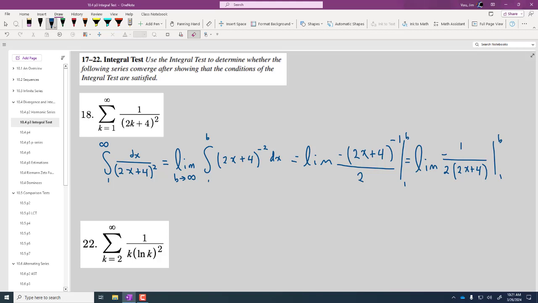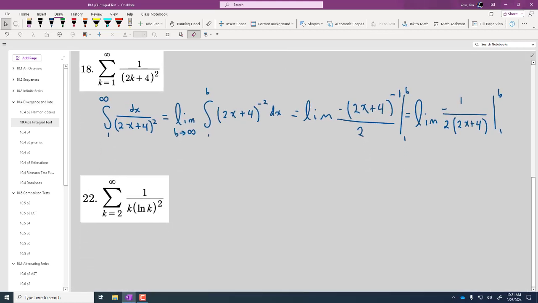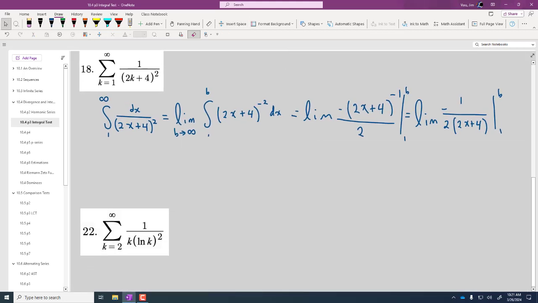All right. So then we end up with, let's see. We can pull the negative 1/2 all the way to the front if we want. You don't have to, but I'm going to pull it all the way out to the front. And then we're going to take the limit of whatever is left evaluated at b and evaluated at 1 and take the difference.